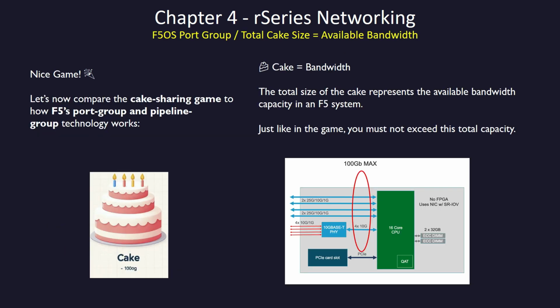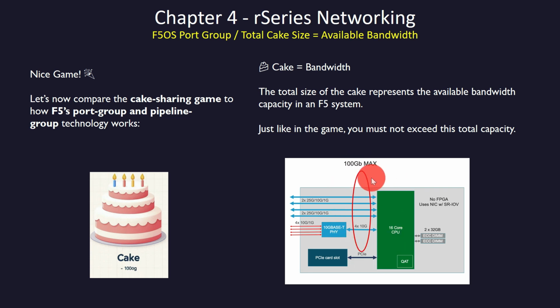Now, let us compare the cake sharing game to F5 port group and pipeline group technology. First comparison. We should not exceed the max bandwidth limit. The game rule says the total size must not exceed, because the cake represents the available bandwidth capacity in F5.